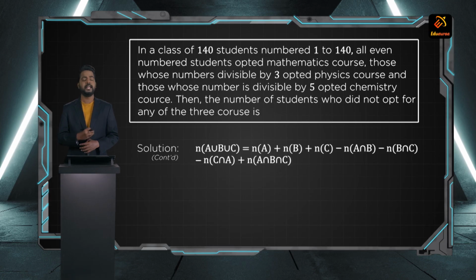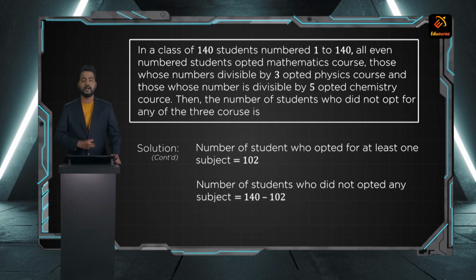So n of A union B union C will be equal to n of A plus n of B plus n of C minus n of A intersection B minus n of B intersection C minus n of C intersection A plus n of A intersection B intersection C. So it will be equal to 70 plus 46 plus 28 minus 23 minus 9 minus 14 plus 4, that will be equal to 102. So the number of students who opted for at least one of the course is 102.